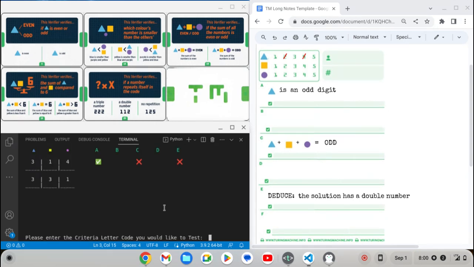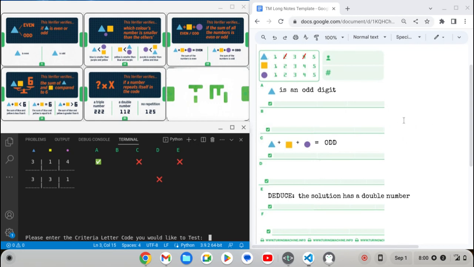Okay, so the whole premise of that proposal is the sum of the first 2 digits being 6. So let's go ahead and test criteria card D. Okay, so the sum is not 6. Interesting. Okay. So let's see.